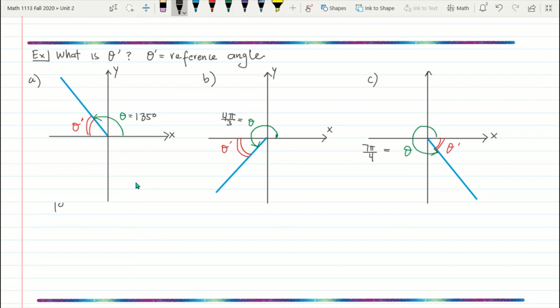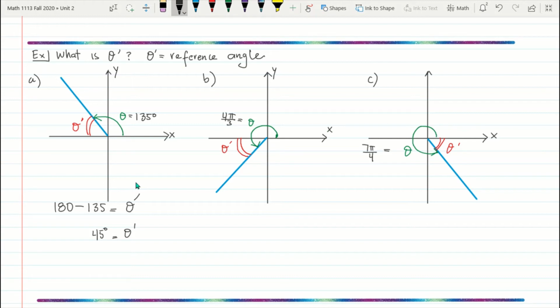Well, we know that 180, the straight angle, minus 135 has to give me theta prime in this case, right? So 180 minus 135 comes out to be 45 degrees. So theta prime is going to be 45 degrees. And that's kind of all there is to these exercises. We're trying to figure out how much the angle theta prime, or the reference angle, is.